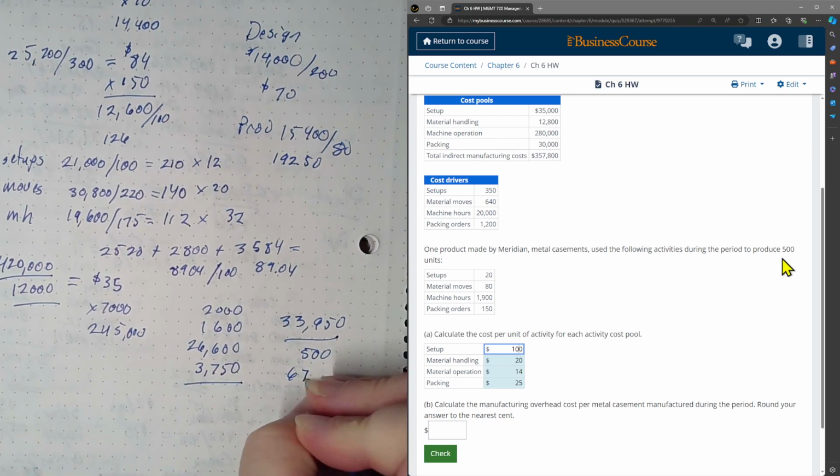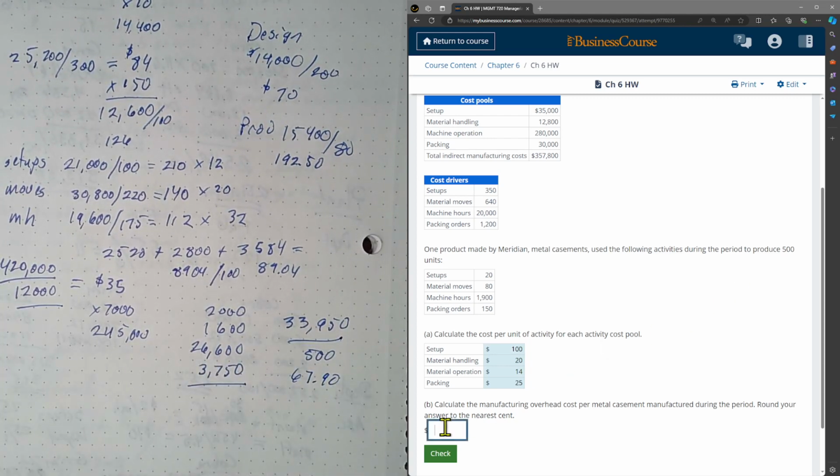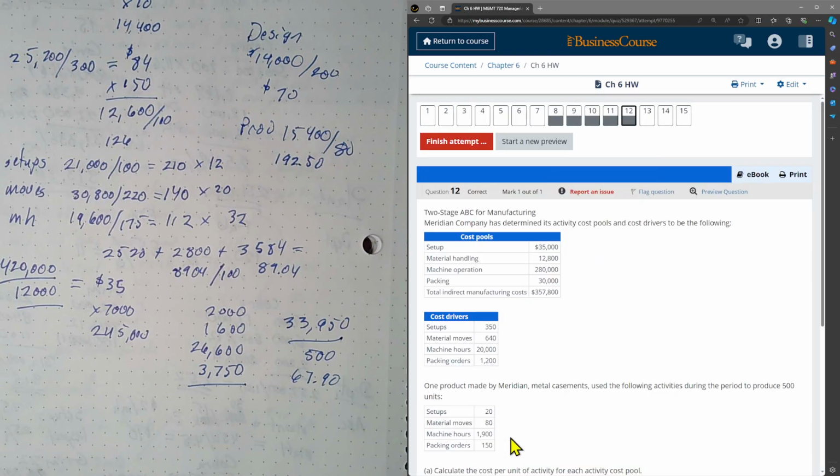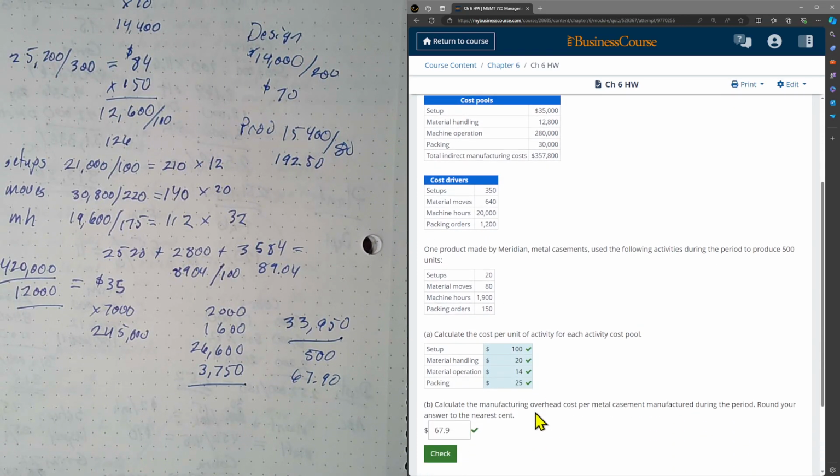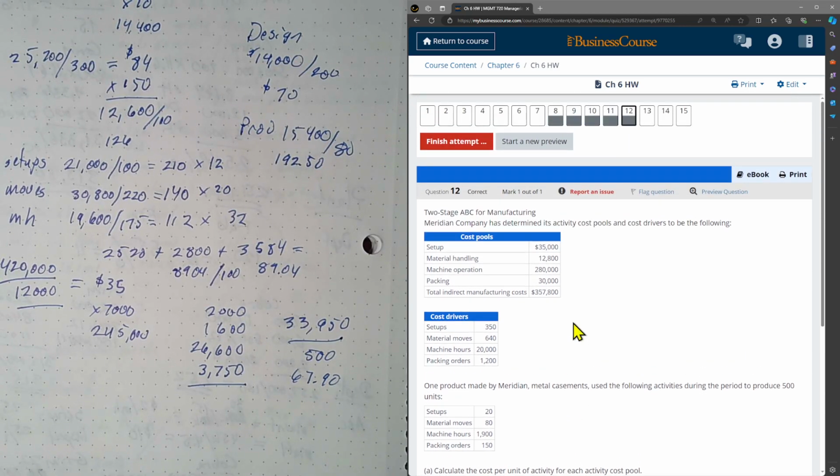Equals $67.90. I feel like I fat fingered something here, but let's check. Oh, I guess I didn't. So that's how you would go about this question.